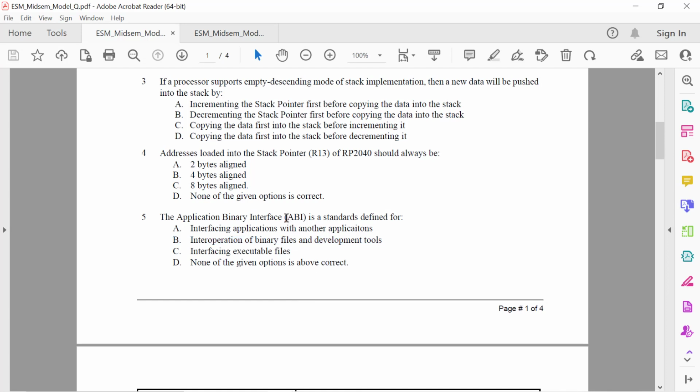So ABI is within an application. ABI definition is used within an application. It's not across the application or across the executable file. Okay, I hope you are clear about it. So B is the right option.